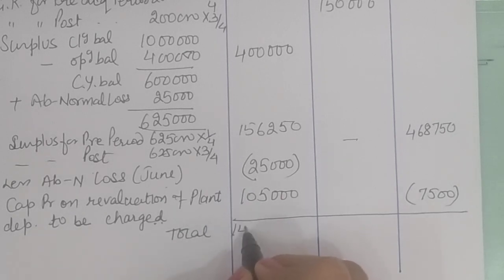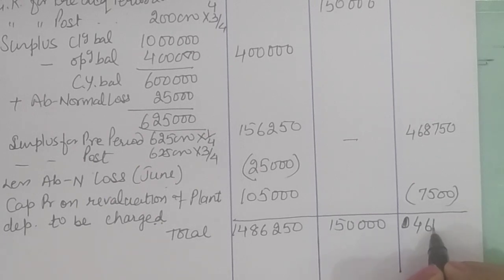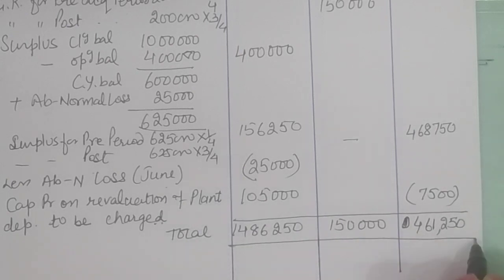Just total up the amounts: 14,86,250, 1,50,000 and 4,61,250. Now consider this, that the amount belongs to both holding company and minorities. So split it into holding company and minorities in their control ratio, which is 3/5 and 2/5.